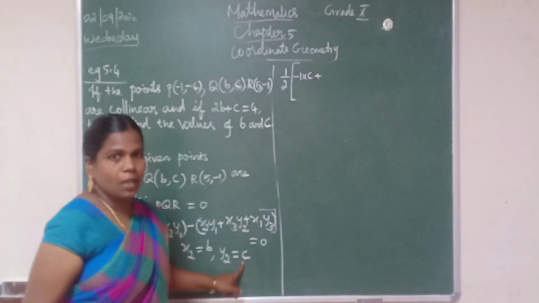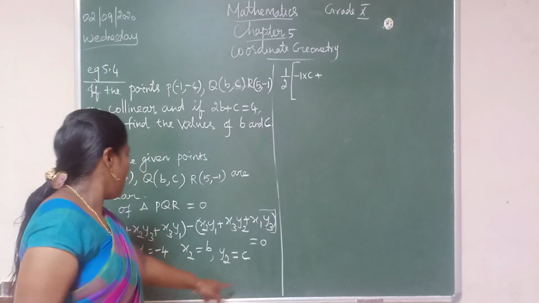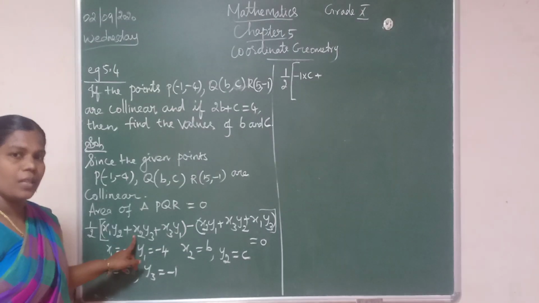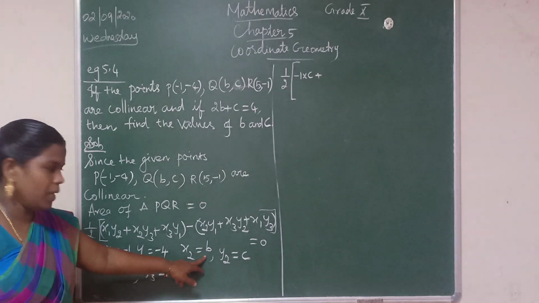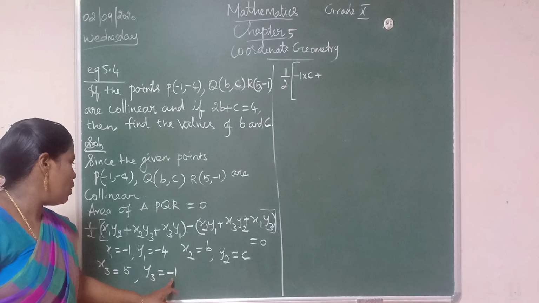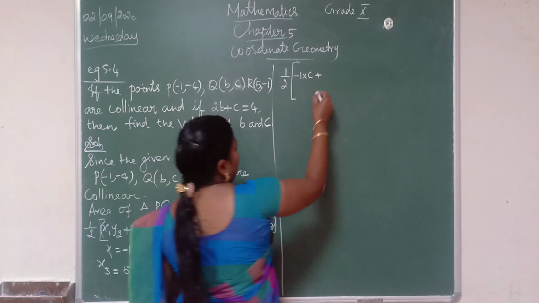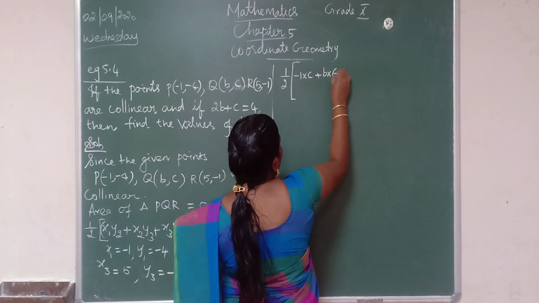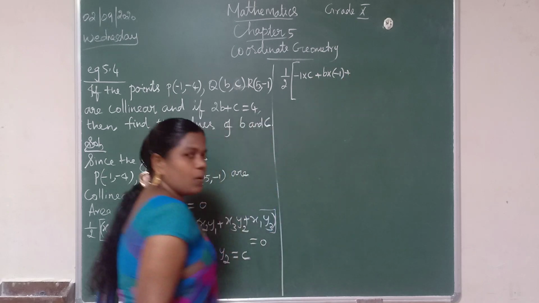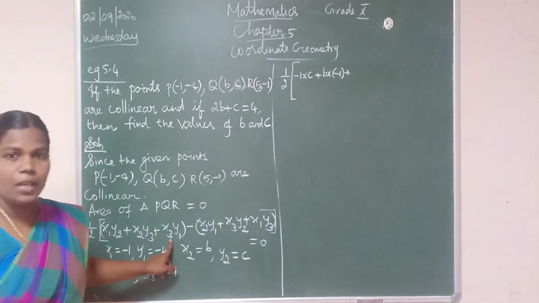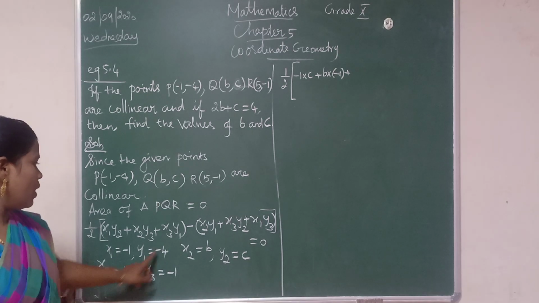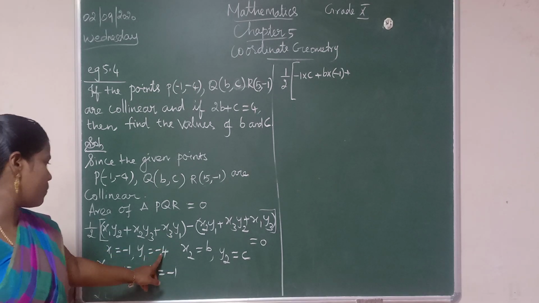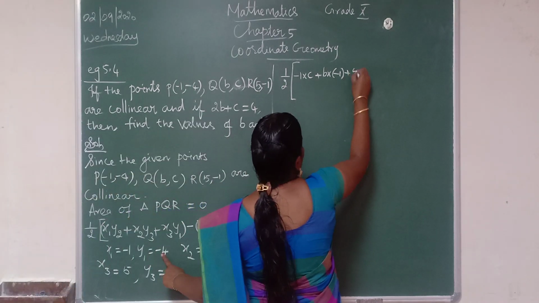Then plus x2 y3. x2 is b and y3 is -1, so b into -1. Plus the next term x3 y1. x3 is 5 and y1 is -4, so 5 into -4.